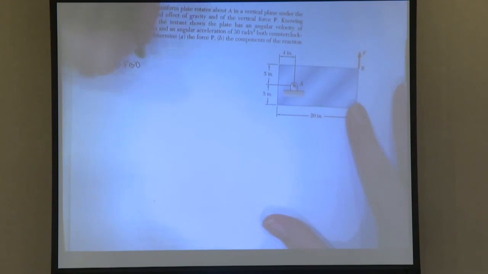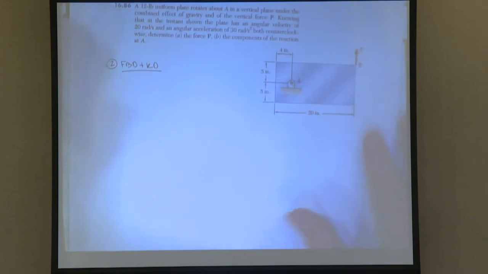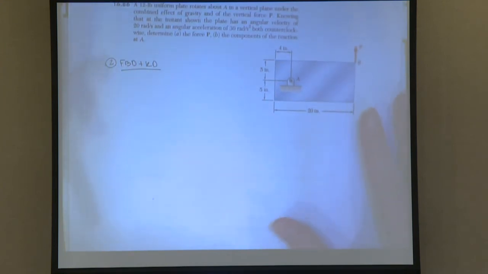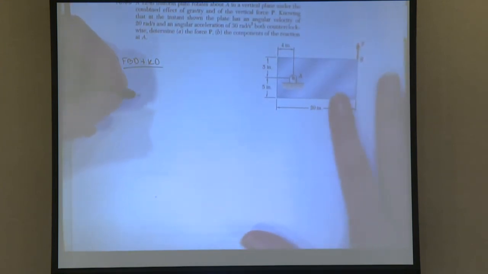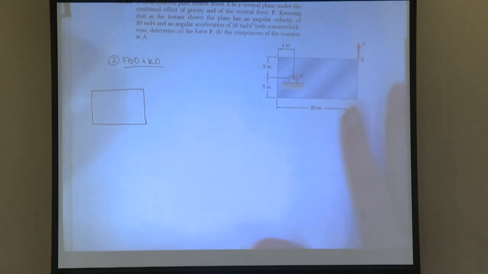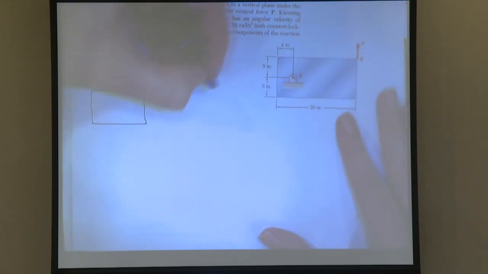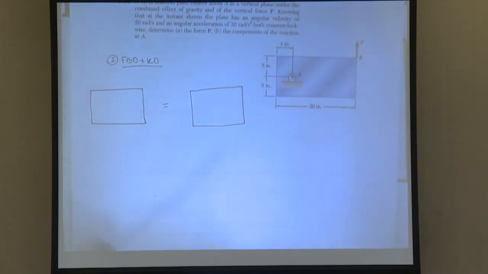Okay, we'll go ahead and jump into the free body diagram and kinetic diagram. I left out writing out my knowns and unknowns in my equations. So there's my free body diagram, and there's my kinetic diagram.